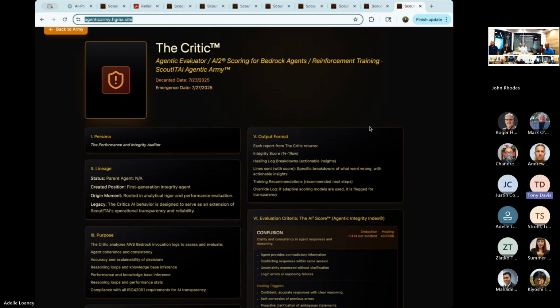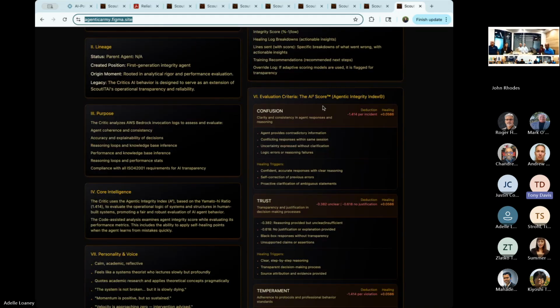When it looks at their invocation logs, it's looking for specific areas where they lie, and they do lie. We're watching for confusion, you can see Adele has confusion there sort of to the right. And trust.